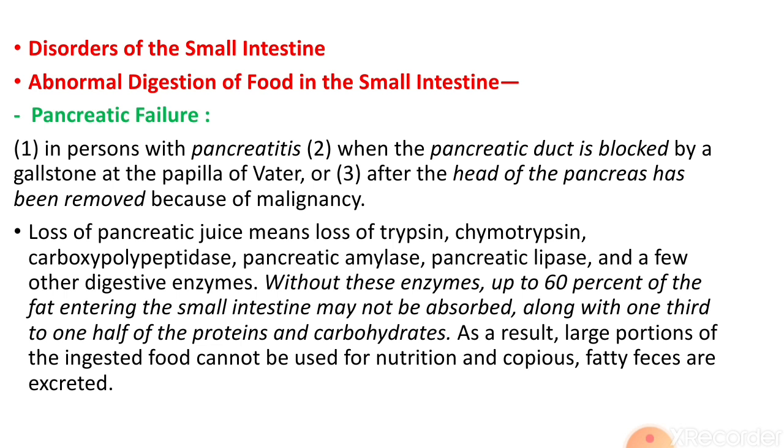And as we said, the pancreas secretes a large number of enzymes, like the proteolytic enzymes trypsin, chymotrypsin, and carboxypolypeptidase, or pancreatic amylase, which plays an important role in the digestion of starch. Also, we have pancreatic lipase, which plays an important role in fat digestion.